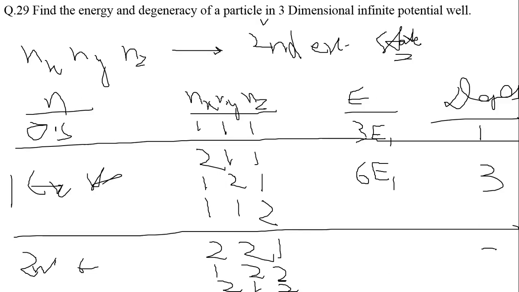Here also there are three combinations, and the energy value will be 2 square plus 2 square plus 1 square, that is 9, so it is 9E1. For the second excited state, the degeneracy is 3 and the energy is 9E1.